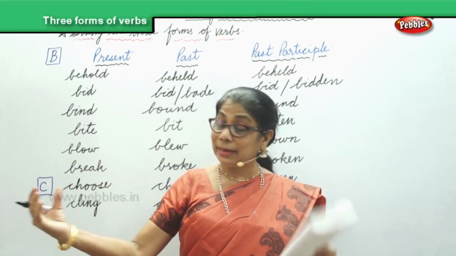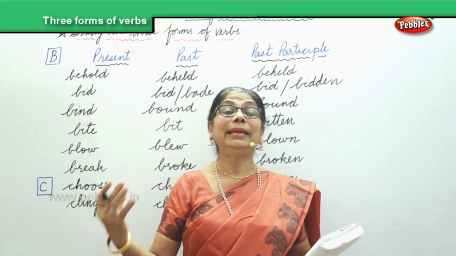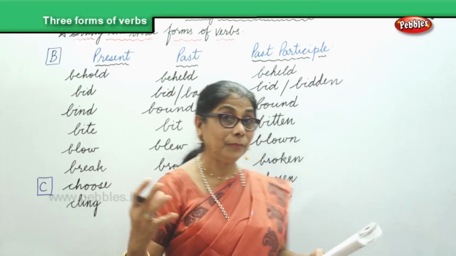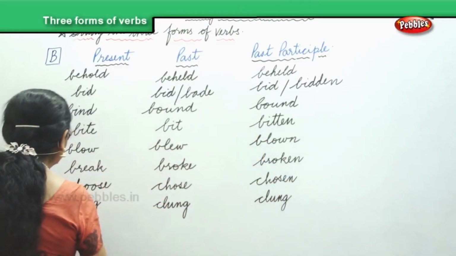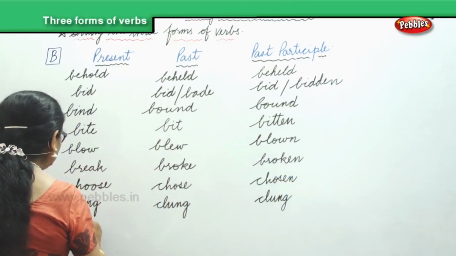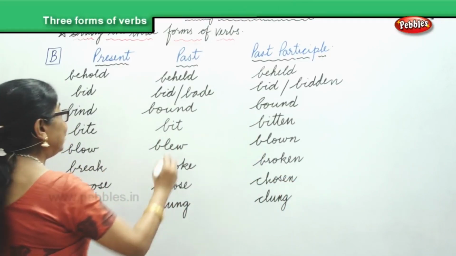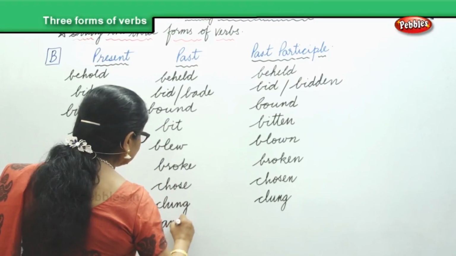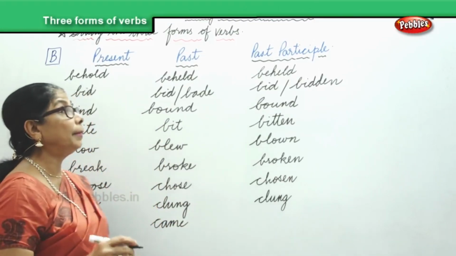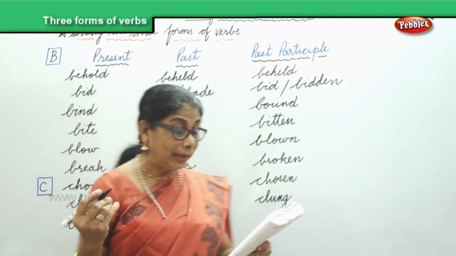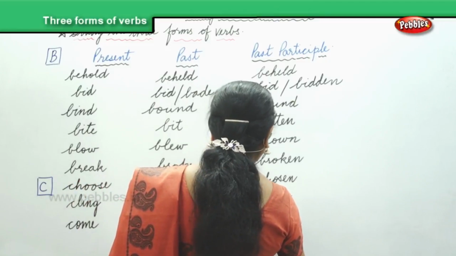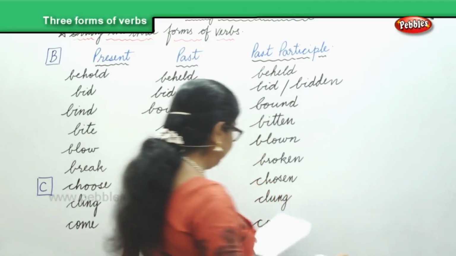Come. You can come in. He came in. He had come. Okay? So come for the present, came for the past, and for the past participle, you will again say come. Come again, come only.